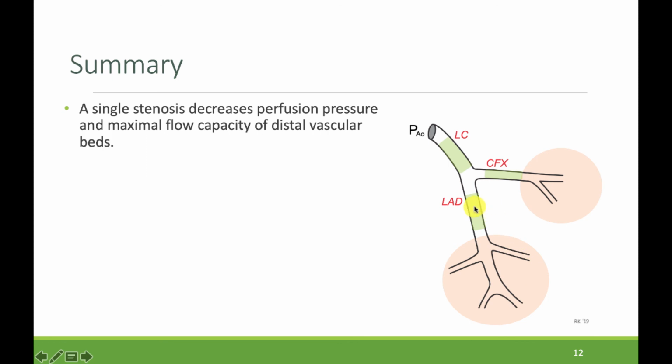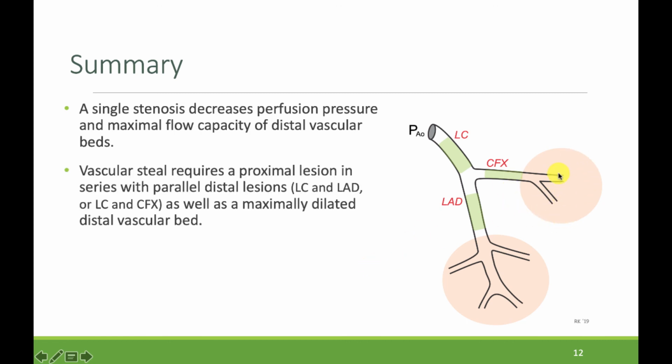Likewise, if our occlusion is only here in the LAD, that will reduce the flow capacity here, but have no effect on the maximal flow capacity in the circumflex vascular bed. Vascular steal requires a proximal lesion and a lesion in another distal vascular bed.